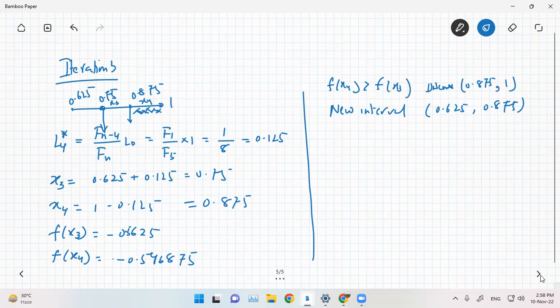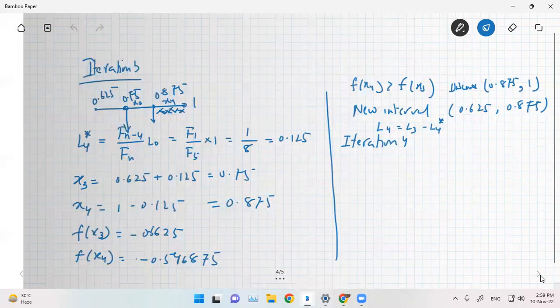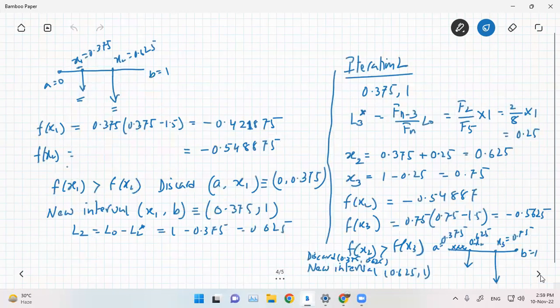Okay, so iteration 4. We haven't calculated the values of L4 in the previous case, but we can always calculate that. L4 will be L3 minus L4 star. Just do the same thing in the other case as well.